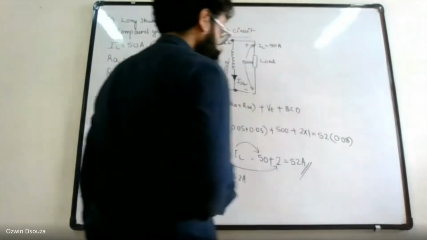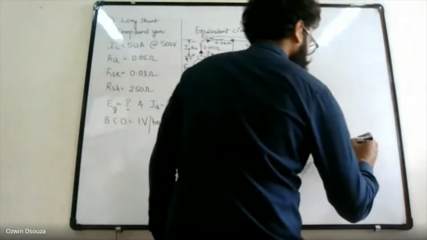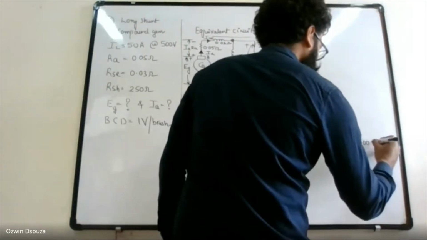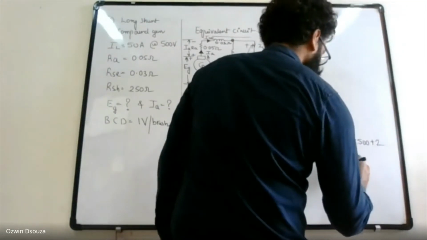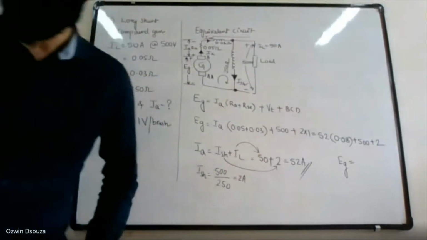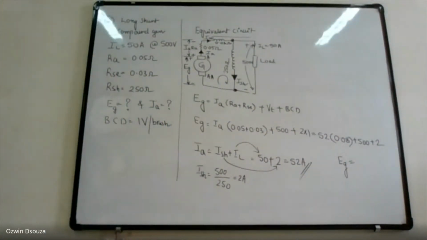So that implies EG is 52 into 0.08 plus 500 plus 2. How much do you get? EG is equal to 506.16.